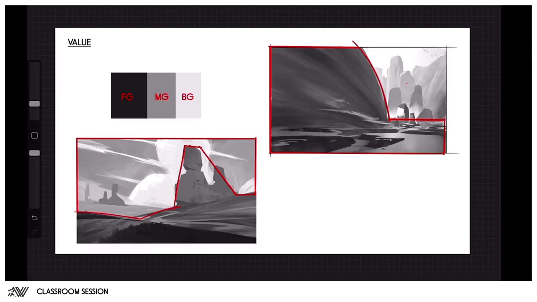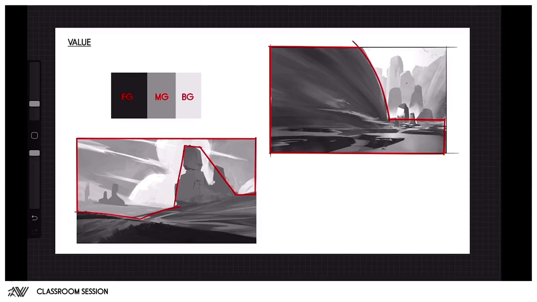With shadow mapping, you also group all your shadows into one shadow usually, right? Or you minimize the amount of shadow groups that you have to maximize the efficiency of your painting. And it's the exact same with value grouping in your landscapes. You're trying to group your dark values and your light values to, again, make things graphically interesting.